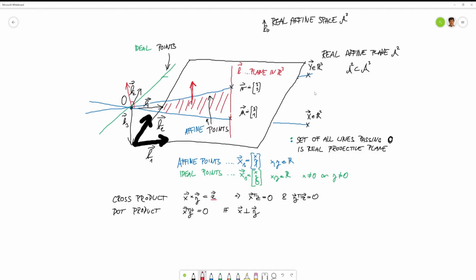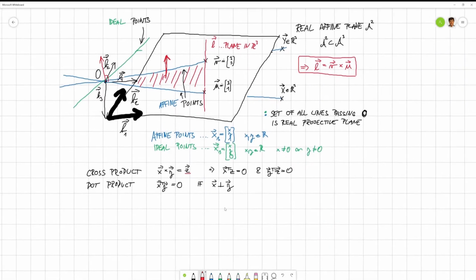The same way we can compute a line for any 2 points, and we can compute for any 2 lines again the point, because if we compute the cross product of these perpendicular vectors, we will get again a vector in the direction of an affine or ideal point.